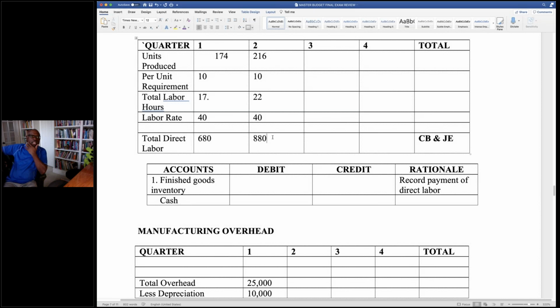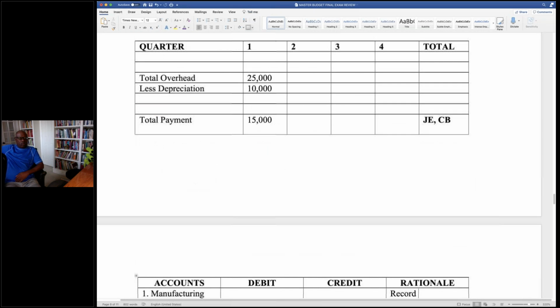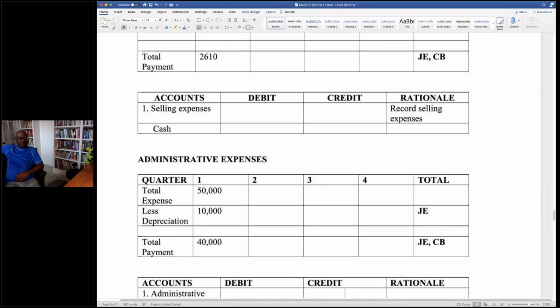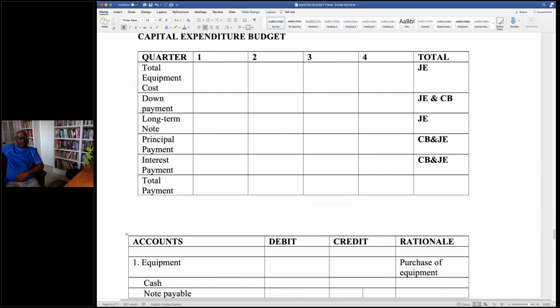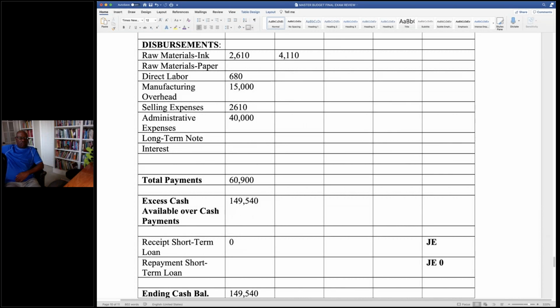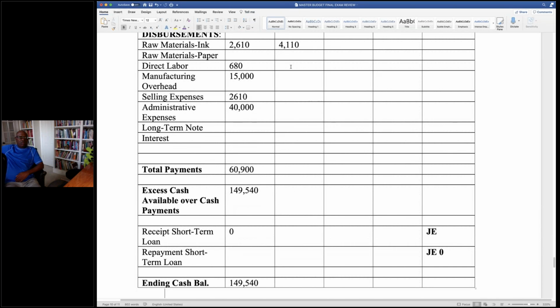And what you gonna do with your 880? I'm gonna bring it down to the cash budget. If you let me come down. And wouldn't the manufacturing overhead still be the same in the assumption?